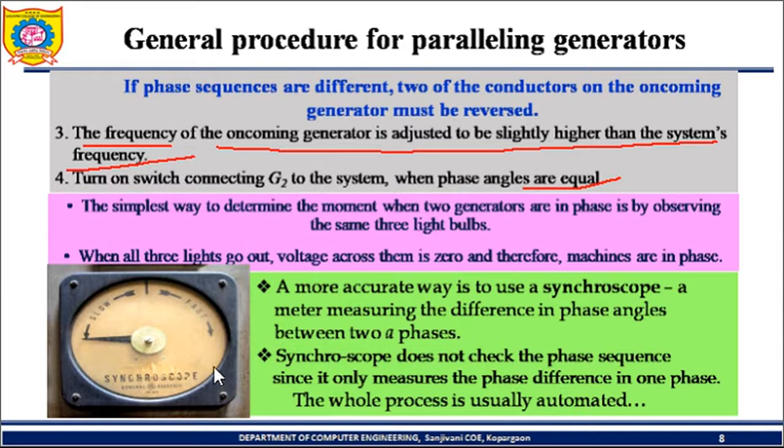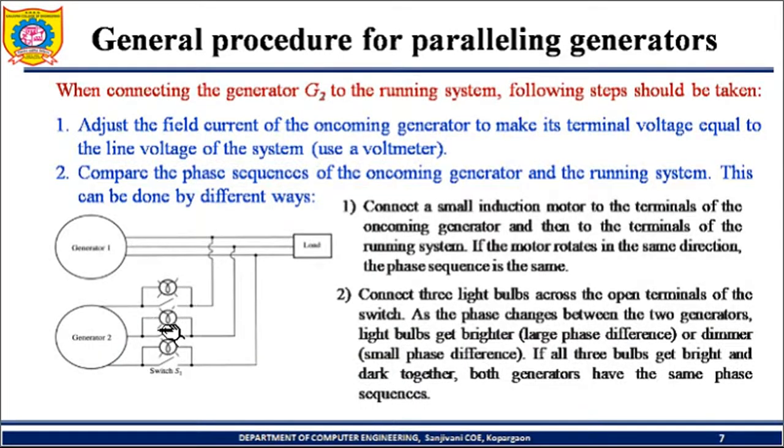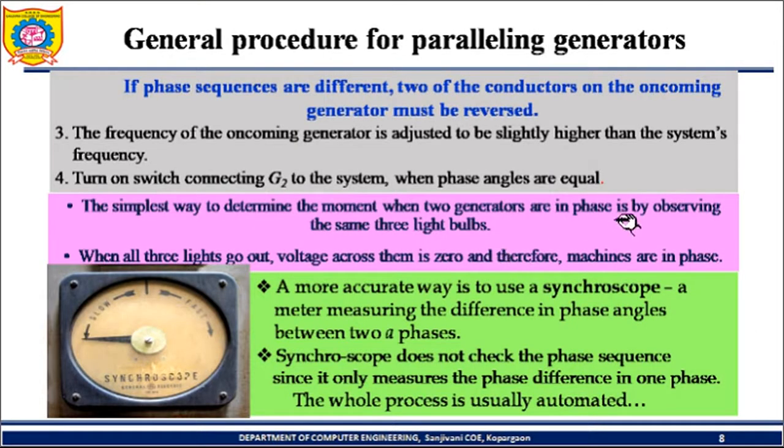So here we connect this switch. This switch is connected when the phases are equal. The simplest way to determine that moment, when the two generators are in phase, is by observing the same 3 light bulbs.